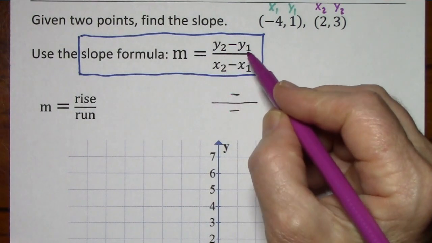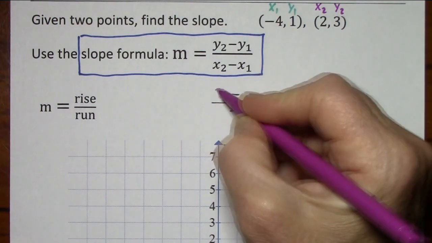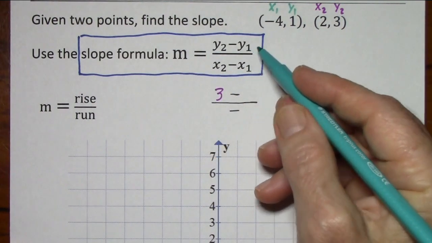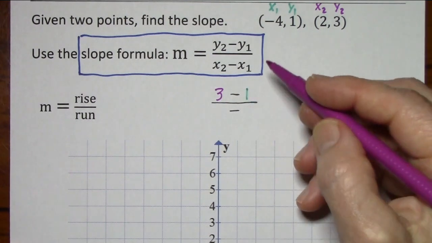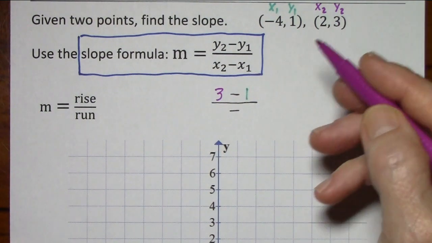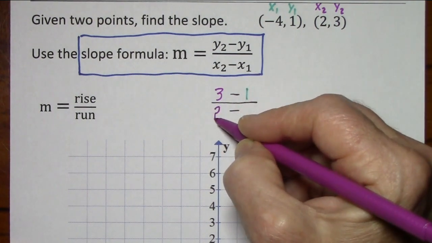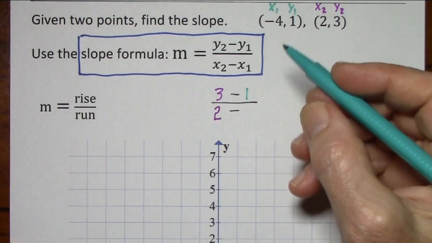So y2 minus y1, here's y2, it's a 3. y1 right here is a 1. They want x sub 2. X sub 2 is a 2. And then x sub 1. X sub 1 is a negative 4.